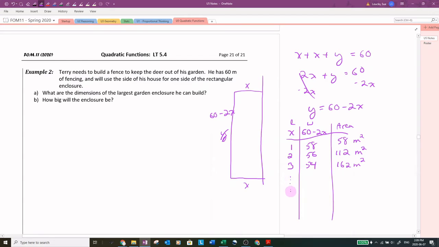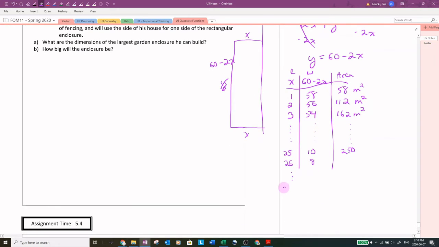We can keep going, and the area is going to keep getting bigger to some point, and then it's going to start getting smaller again. What's the biggest x can be? If x is 25, we've used up 50 and y is 10, so the area is 250. If x is 26, we've used up 52, so this is going to be 8.